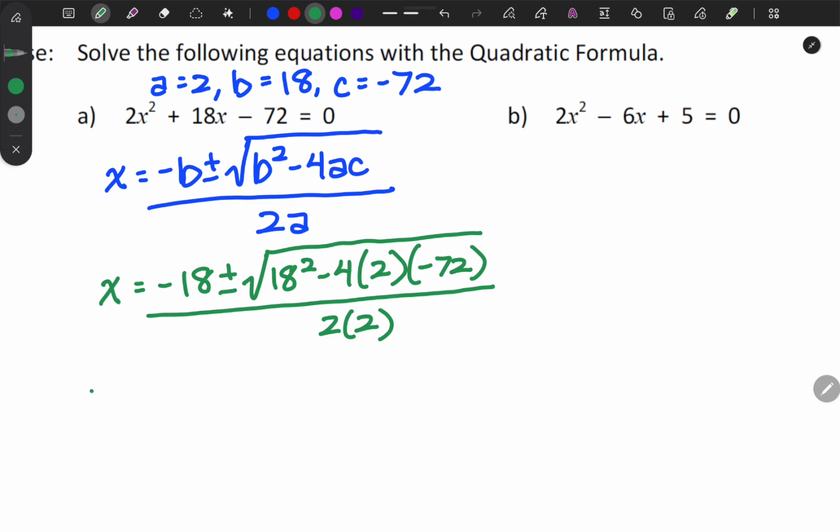Again, I recommend simplifying first, starting with anything underneath that radical sign that you can simplify. So we'll keep the negative 18 plus or minus. Underneath the radical sign, we're going to do 18 squared minus 4 times 2 times negative 72. Notice you're adding there, so you're actually going to end up with the square root of 900 all over 4.